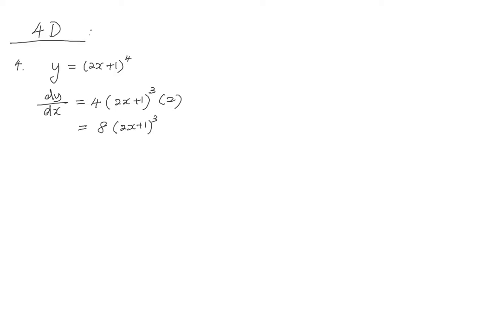Correct? Then you will say, therefore, if I integrate 8 times (2x plus 1) cubed with respect to x, I will get my (2x plus 1) to the power of 4. You integrate this, you get back there. But the question doesn't want the 8 there. Am I right? So therefore, if I integrate the whole thing, I divide by 8.